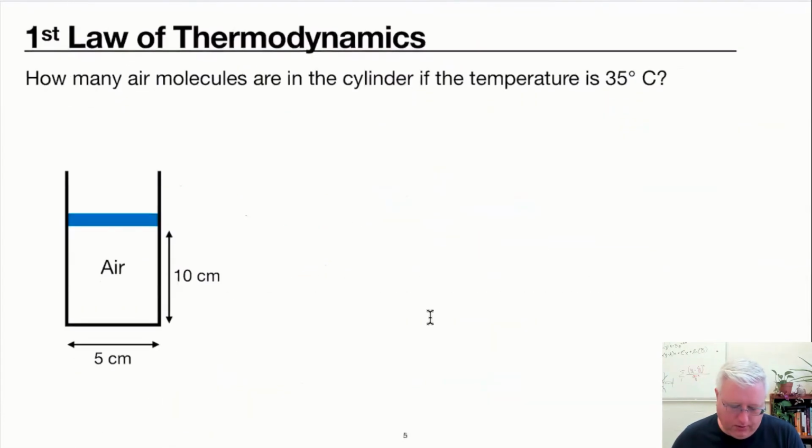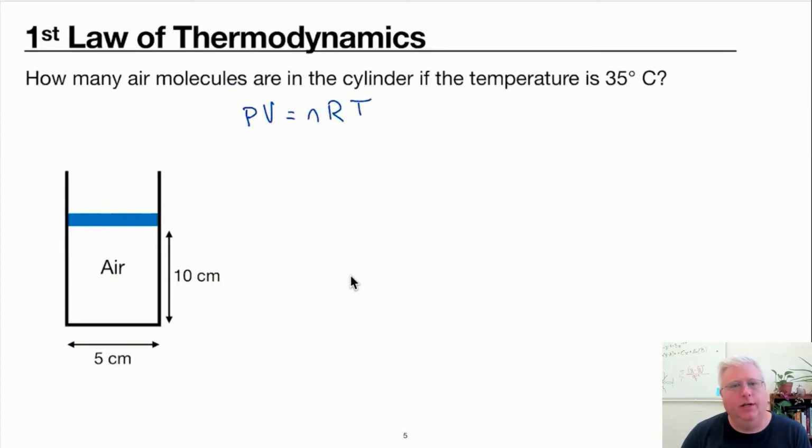All right, so about how many air molecules are in the cylinder if the temperature is 35 degrees Celsius? If we want to know how many molecules there are, we would use the ideal gas law in the form PV = nRT, because n is our number of moles.